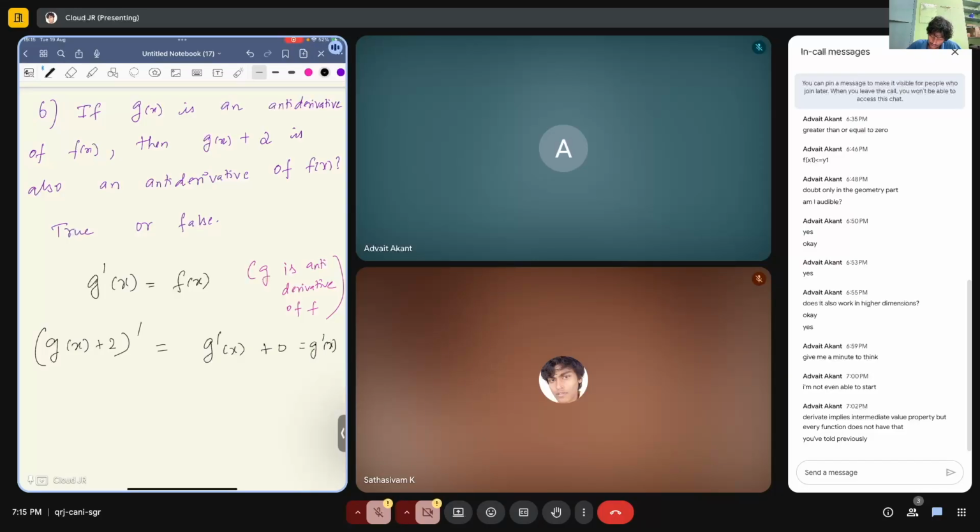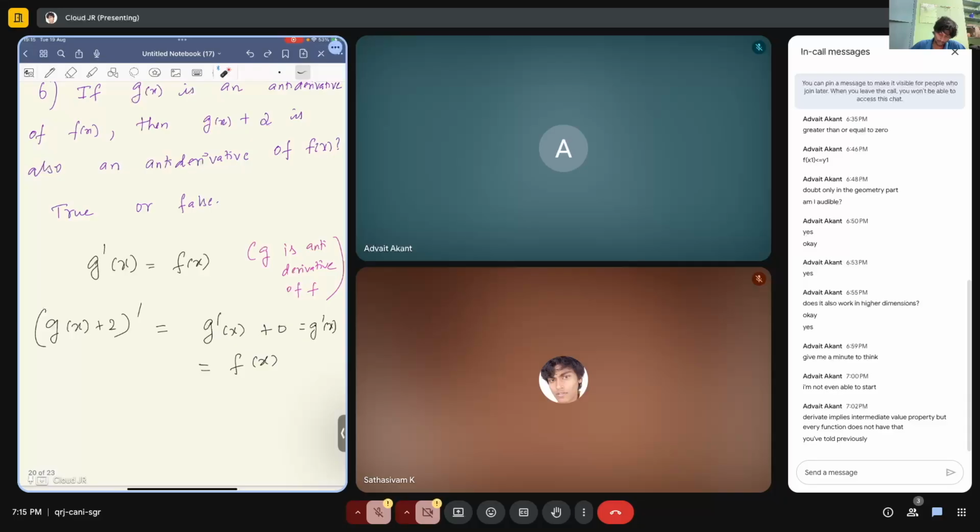But we know g prime of x is f of x. If you put any constant here, whether it's 2 or 3 or whatever, the derivative will still be the same, and so this is also an antiderivative.